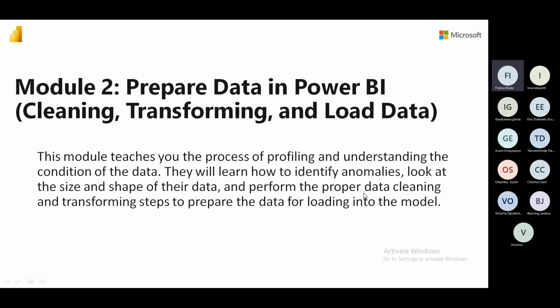So in this module we looked at the process of profiling and understanding the condition of the data. We learned how to identify anomalies in the data. We looked at the size and shape of the data. We also looked at the type of data and performed the proper data cleaning and transforming steps to prepare the data for loading into the model.